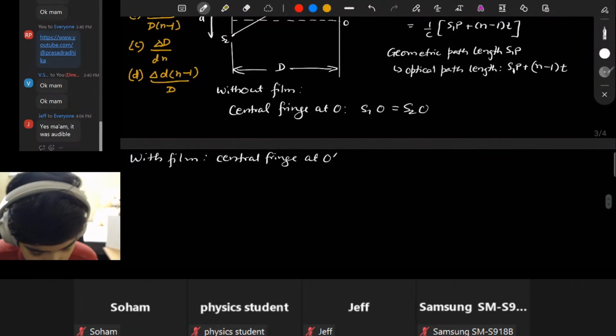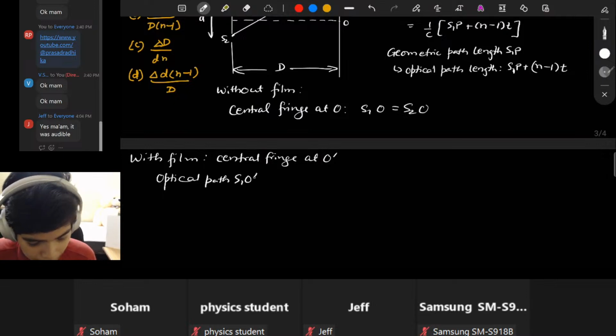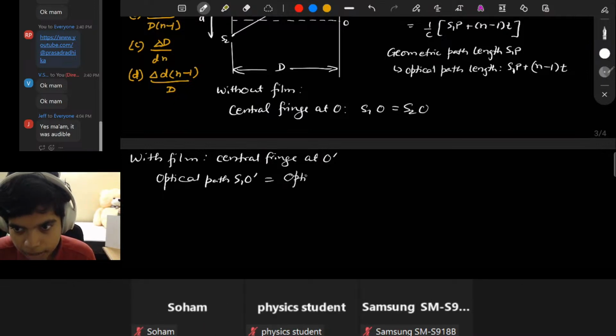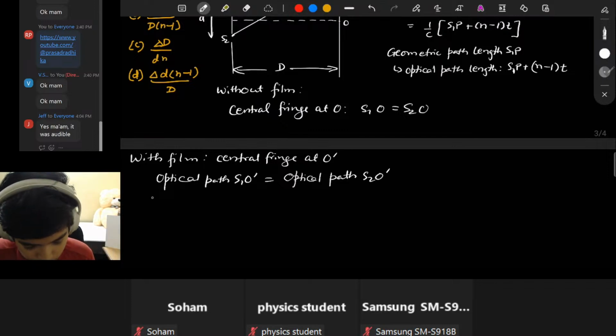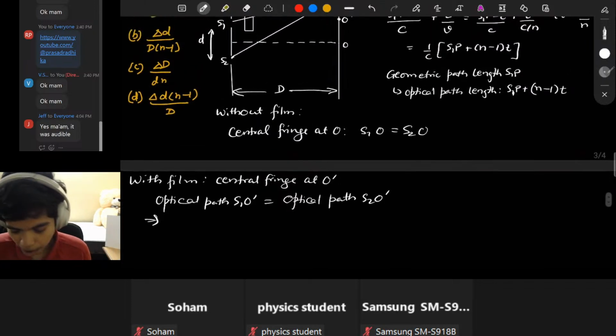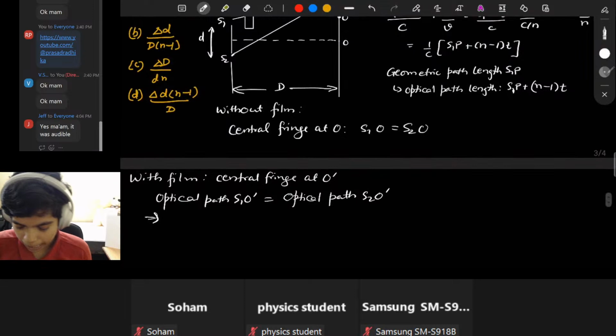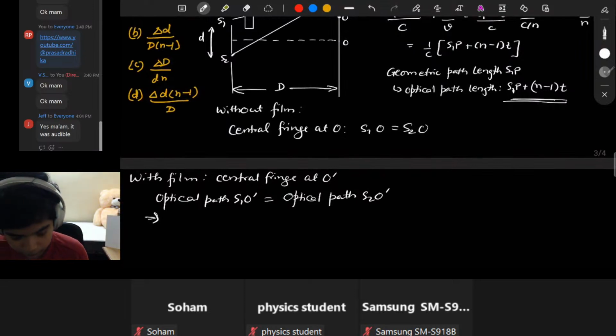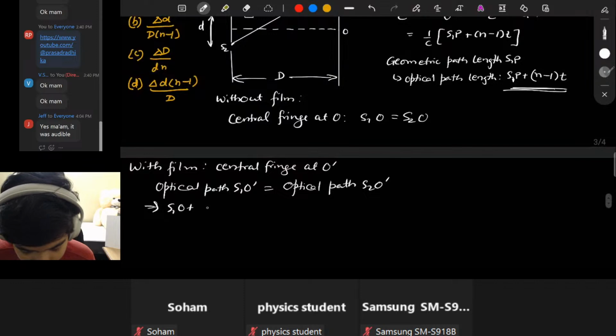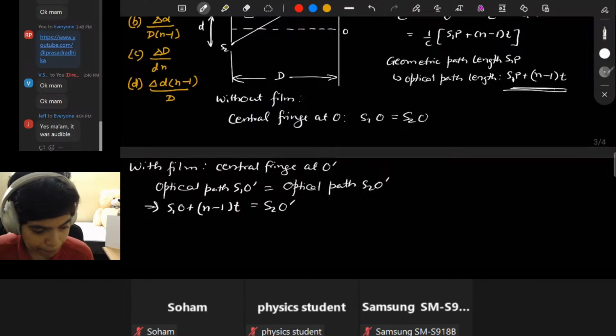So in this case, the optical path of S1O prime should be equal to the optical path of S2O prime. This means the optical path length for S1O prime is simply S1O plus (n minus 1) times t, which is equal to S2O prime.